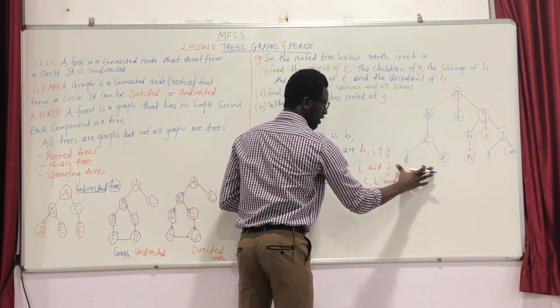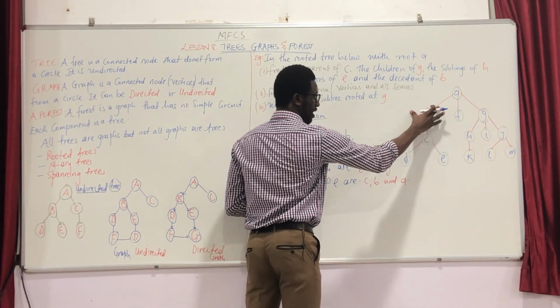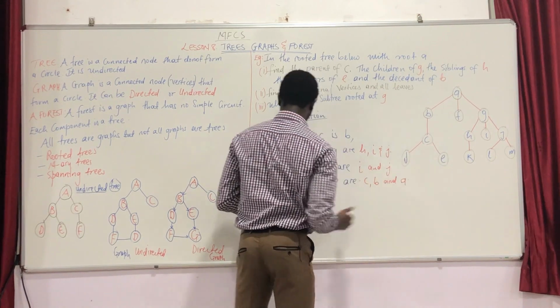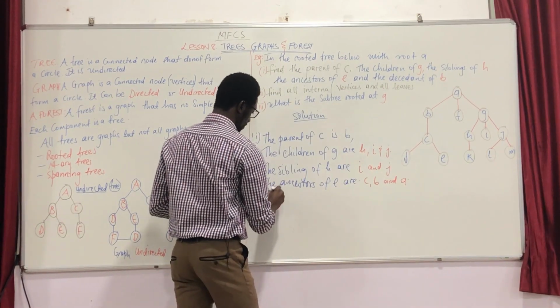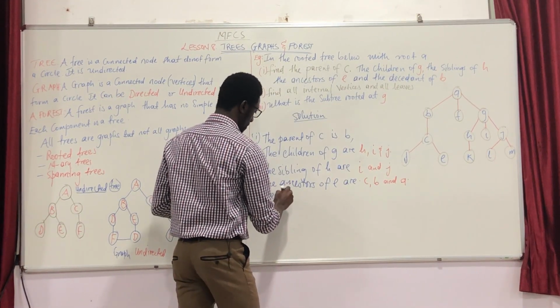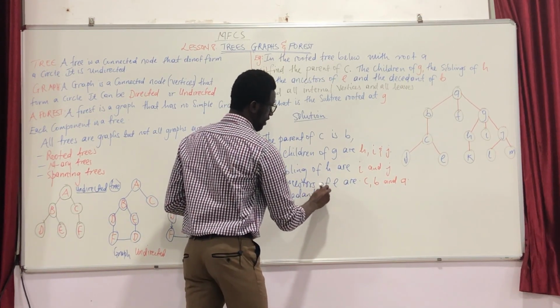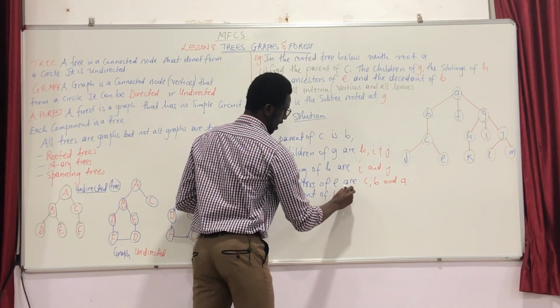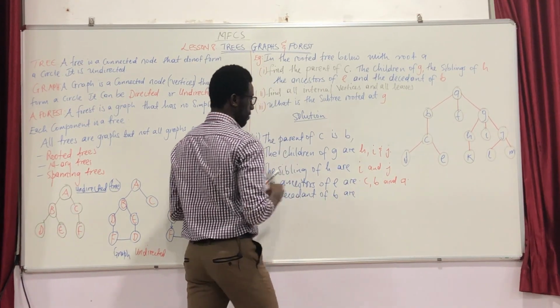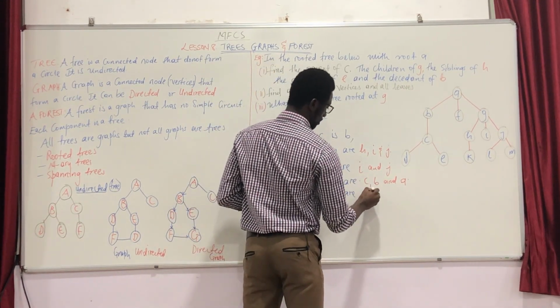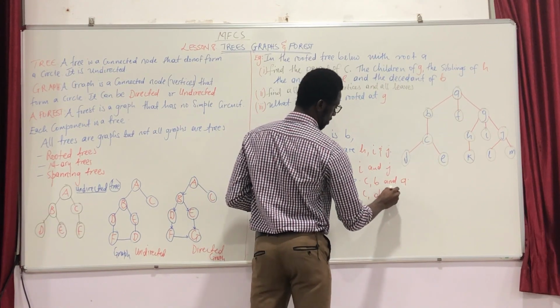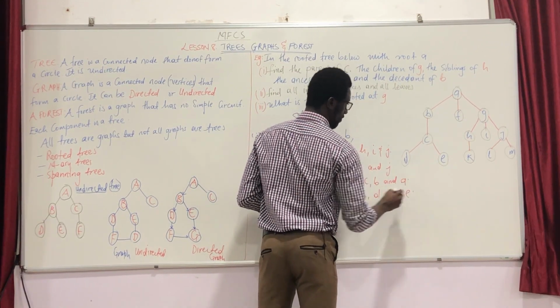All these nodes here descend from B. So the descendants of B are C, D, and E.